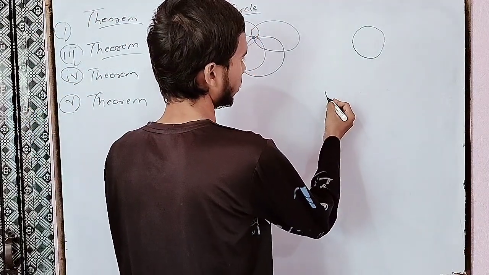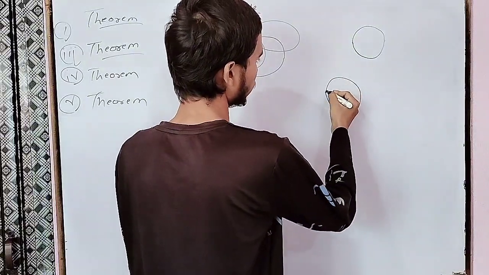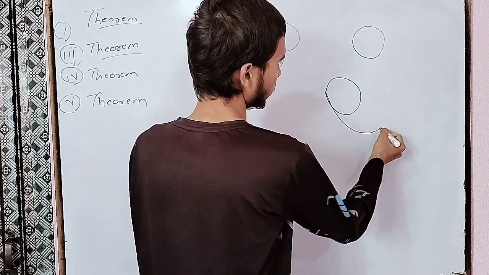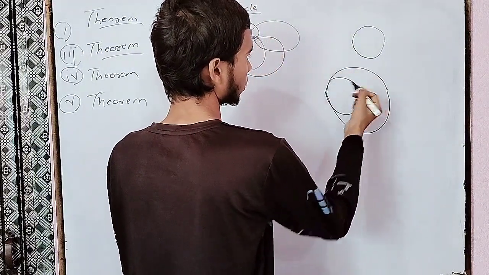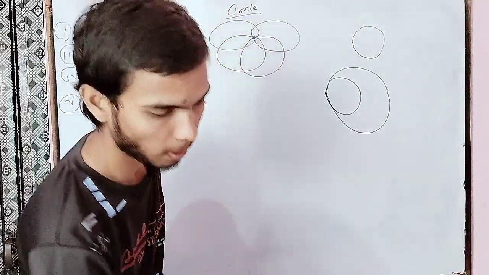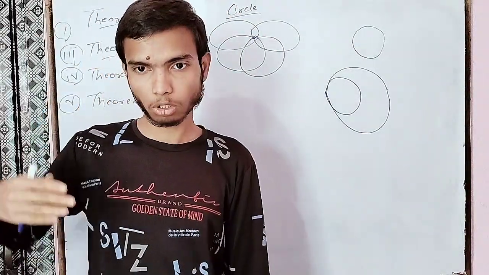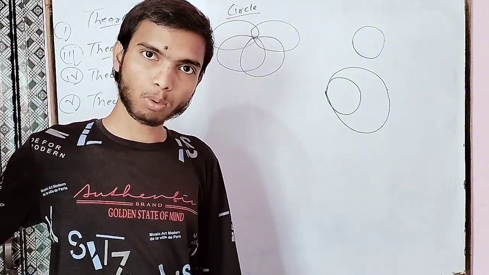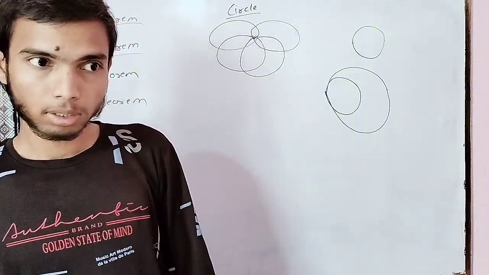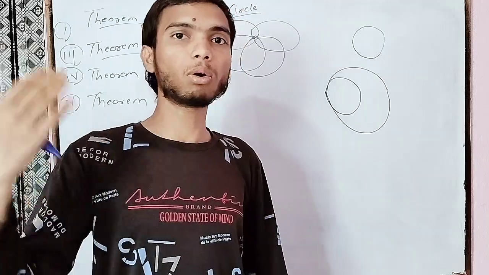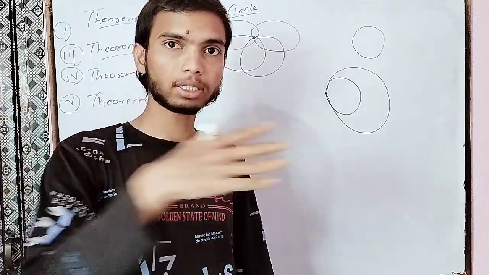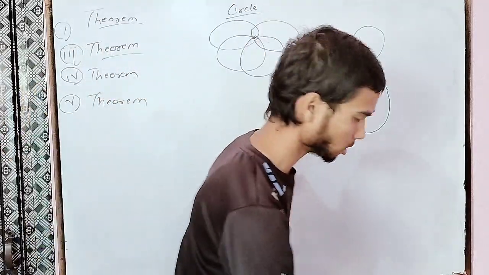Only a line will be able to contain these two, and here you can say these two. But what about this? Here three points are collinear, which means the points are in a straight line. If more than one point is in a line, they will be collinear points.